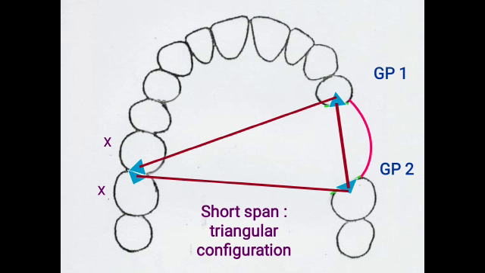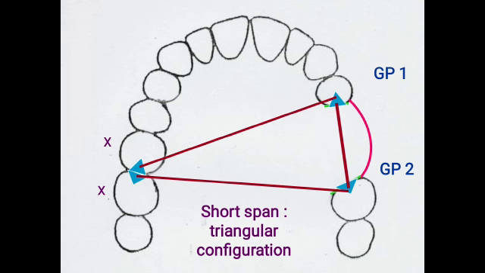That means we have rests on the side where we are missing the tooth, and we have rests on the opposite side of the arch where there is a complete set of teeth.